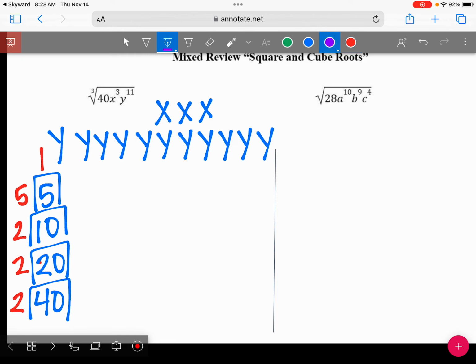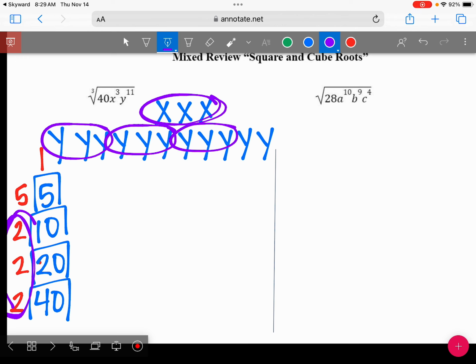So now we're gonna circle triples. So I have 1 pair of triple 2s, 1 pair of triple X's, 1, 2, 3 pair of triplet Y's. This 5 did not have enough. It needed 2 more friends. So it has to stay. And these 2 Y's needed 1 more friend.